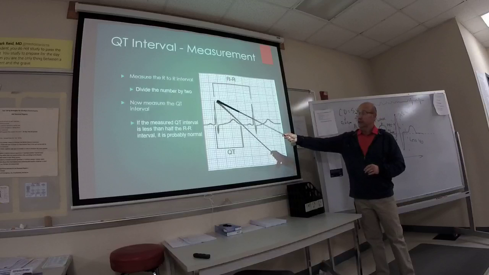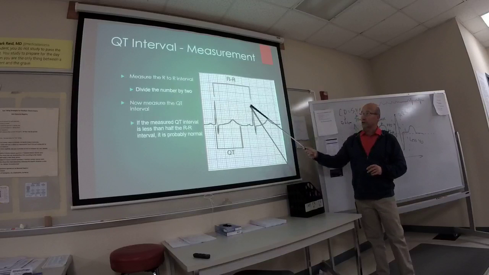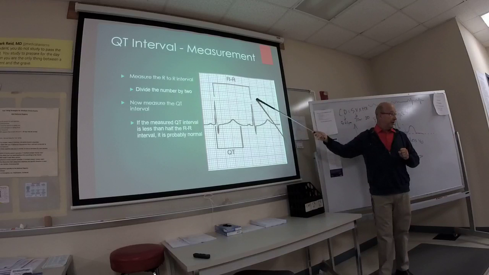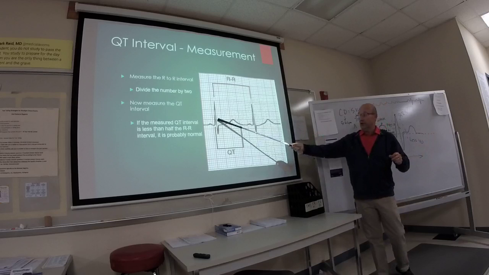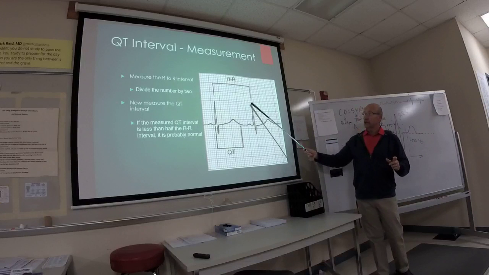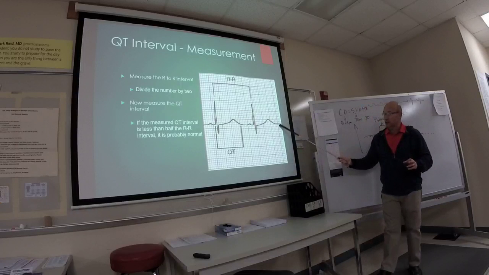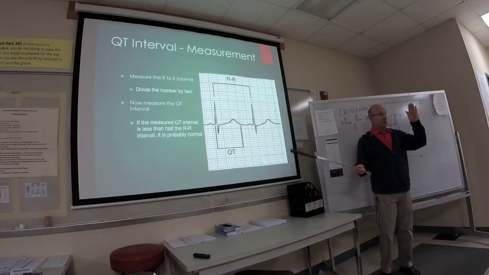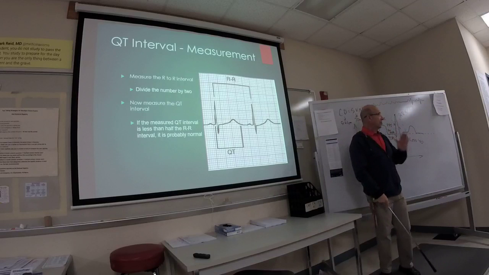We would measure it. So the next two R to R's will have the same distance between them. When we see an irregular rate, these R to R's won't match. They won't march out. If you had two more complexes over here at the same distance, then those R to R's march out, and that's a regular rate.